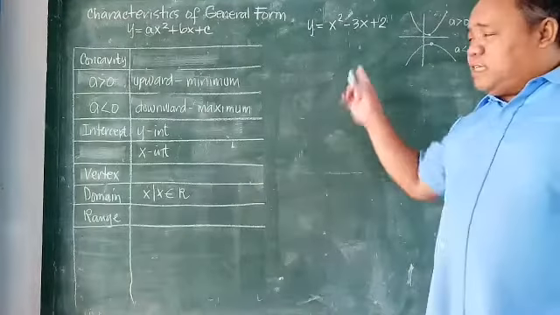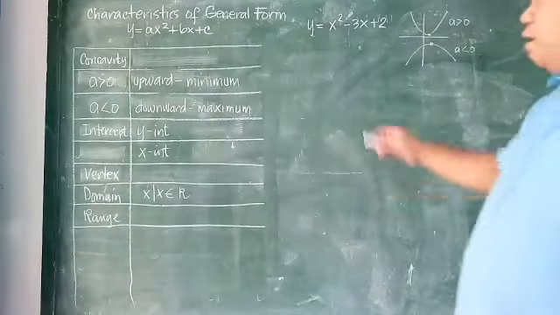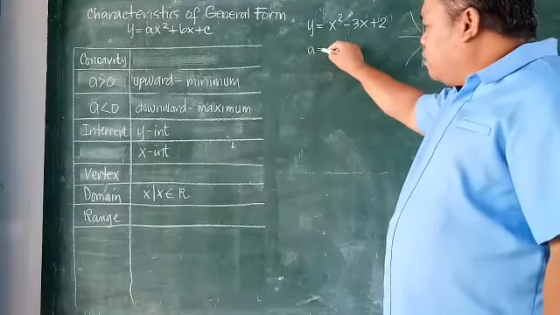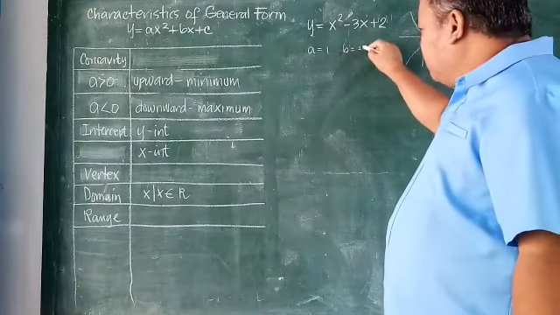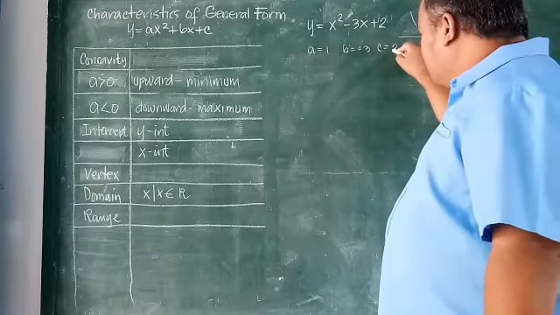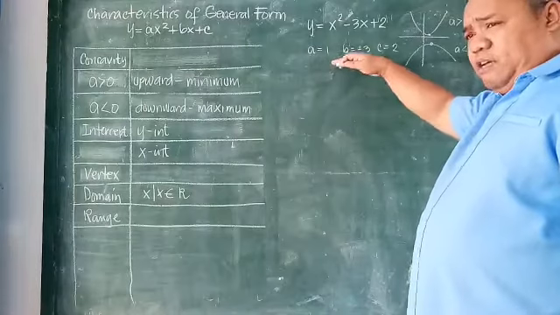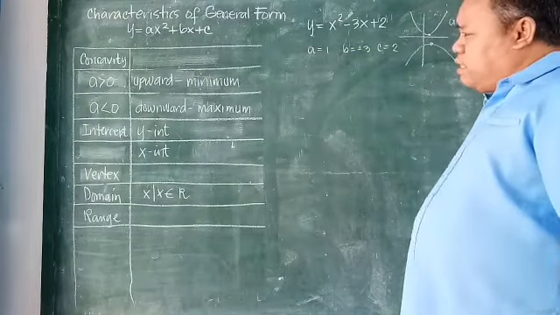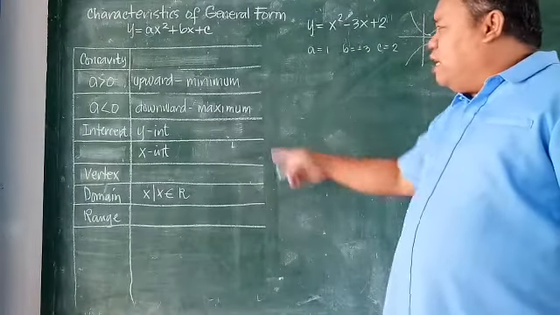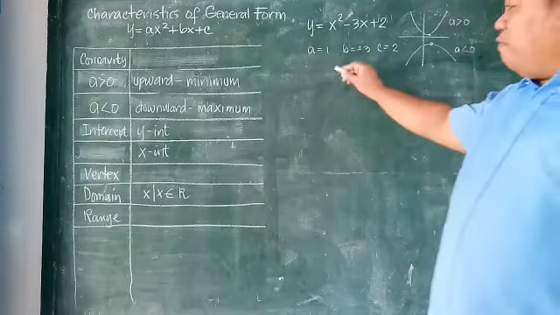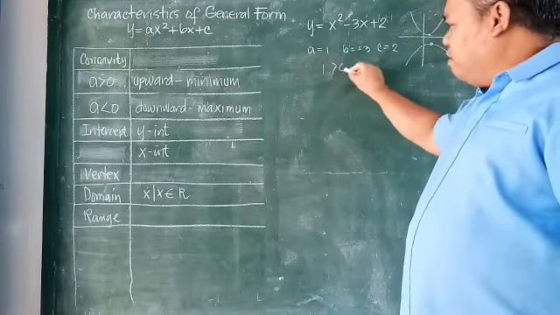Now, we're going to discuss this equation. In our equation, the value of a is 1, b is negative 3, and c is equals to 2. Now, if we're going to assess our equation, where does it fall, is it here or here? So let's examine the value of a. The value of a is 1. Is 1 greater than 0?